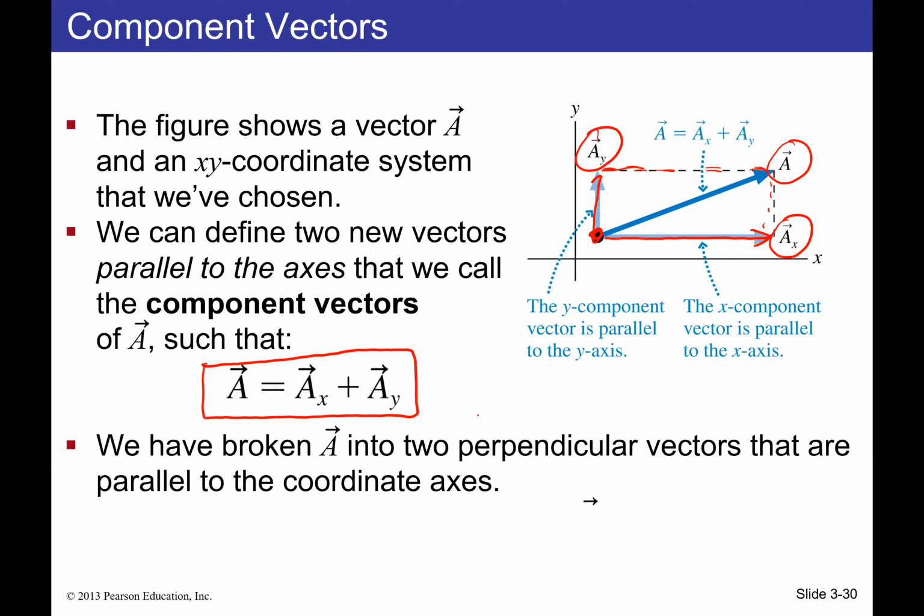For example, think like this. If you start from here, let's say you go 4 meters to the right. Let's say this is AX, and then you go in this direction, and this is AY, and let's say this is 3 meters. If I go along the AX vector, then along the AY vector, I'm going to get to this point over here, where my end point is. Let's say this is my start point.